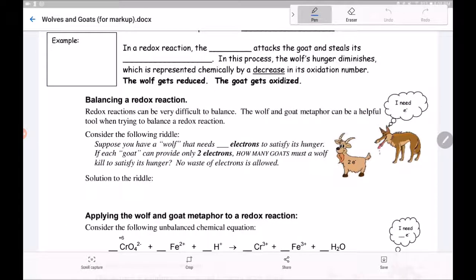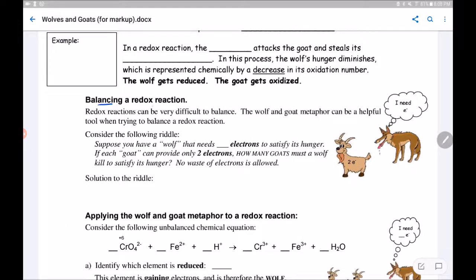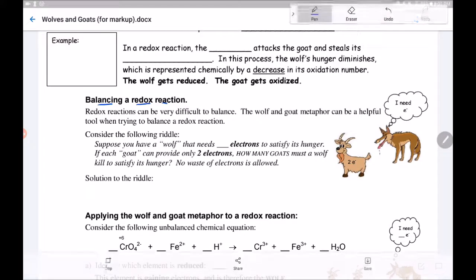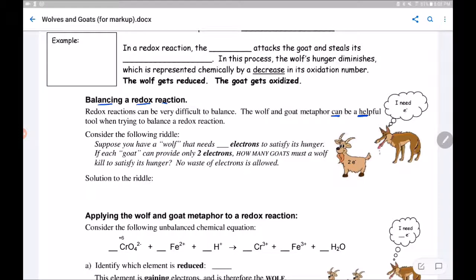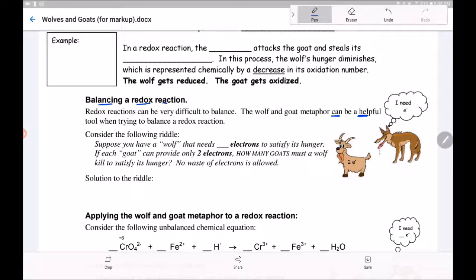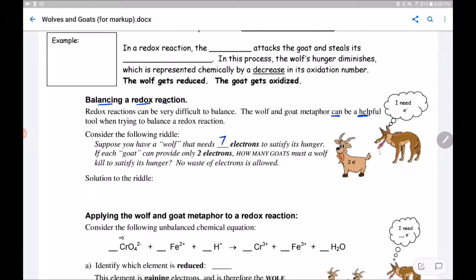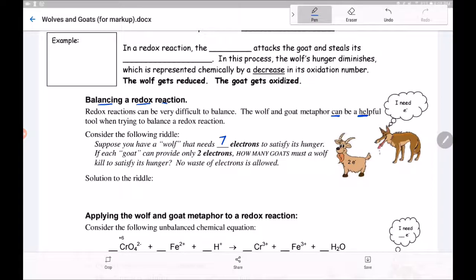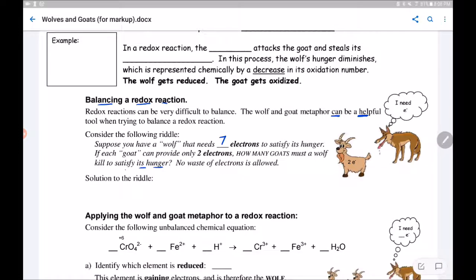The second part of this lesson is balancing a redox reaction. They can be very difficult. The wolf and goat metaphor can help. Here's the riddle. Suppose you have a wolf that needs 7 electrons to satisfy its hunger. If each goat can provide only 2 electrons, how many goats must a wolf kill to satisfy its hunger?